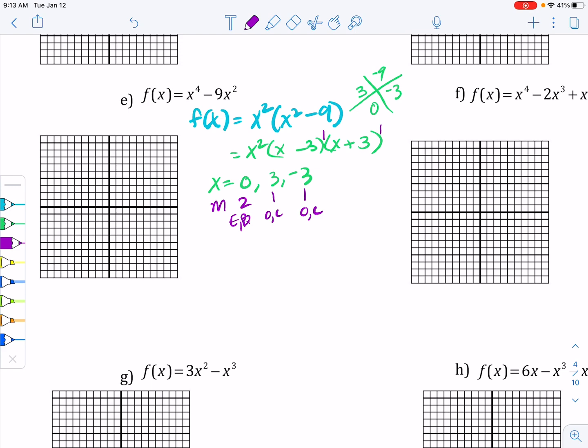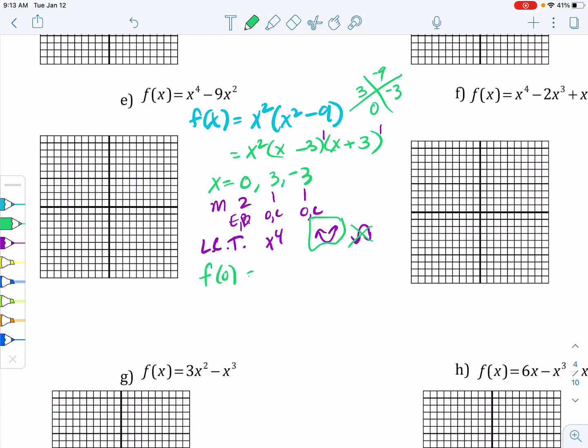Okay, so now notice we can go back to here to find our leading coefficient term. Our leading coefficient term is x to the fourth, which means that since this is even, it's touching down. Since it's positive, we know that it's going to be opening up, not down. Then we can find our y-intercept.